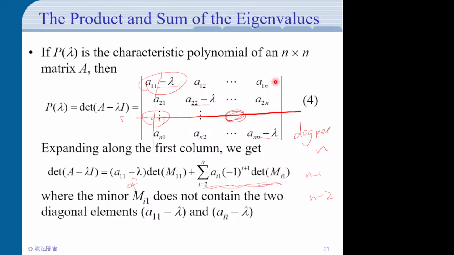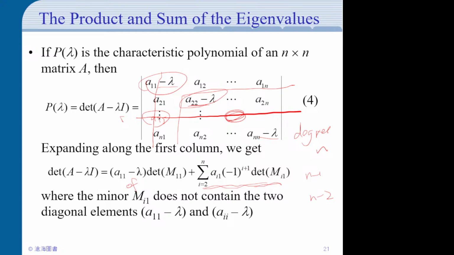So let's maybe try to draw here. Then you expand on this submatrix that starts from a22 minus lambda, and you still expand on the first column, and you still see that only the expansion on this term will have degree n minus 1, etc.